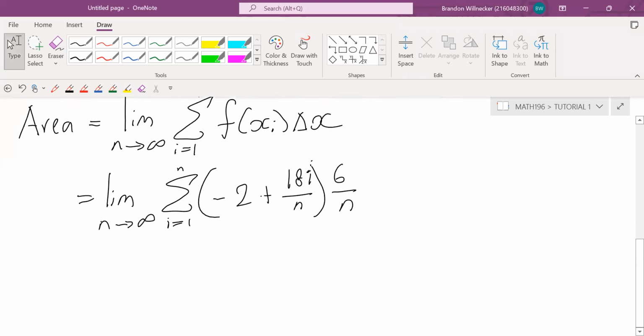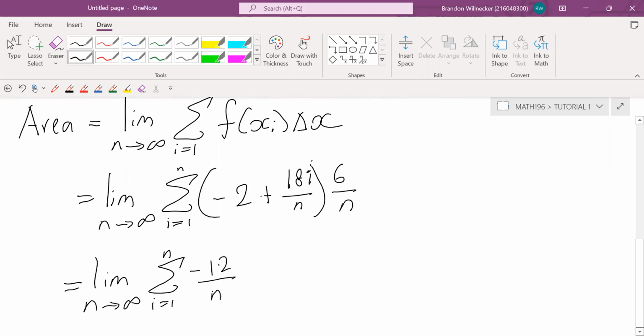Okay, so now we can multiply everything out and then simplify. So that's the limit as n goes to infinity, the sum from i equals 1 to n. If we multiply this out, we're going to get minus 12 over n plus 108i over n squared.